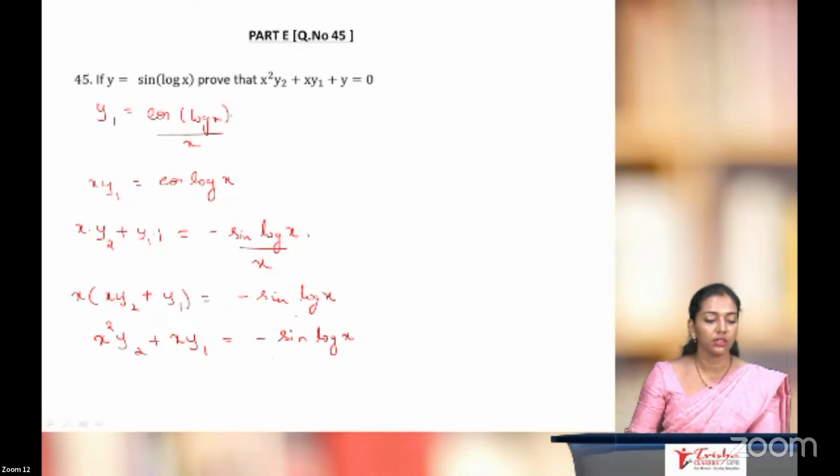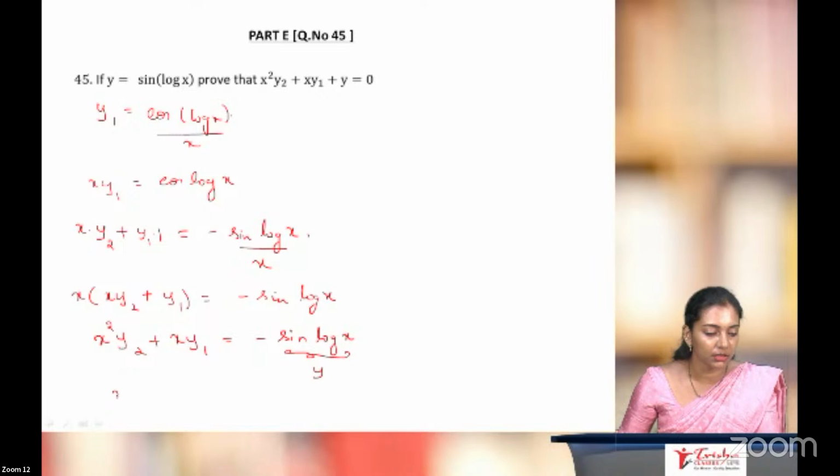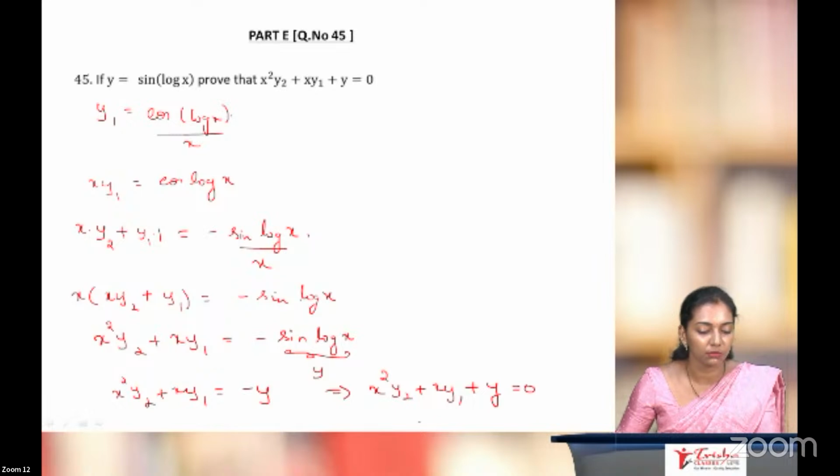Right. So what is sine log x? Sine log x is nothing but our y. So now replace it. x square y2 plus xy1 equal to minus y. Or you rearrange it: x square y2 plus xy1 plus y equal to 0.